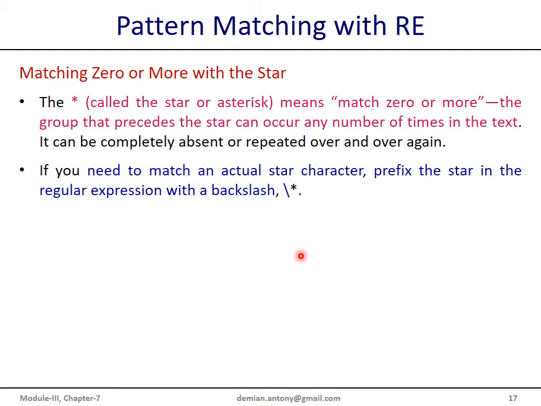The role of asterisk character. The star represents match 0 or more, and we can use this character to match the groups or the patterns which are completely absent or repeated more than once or even once.